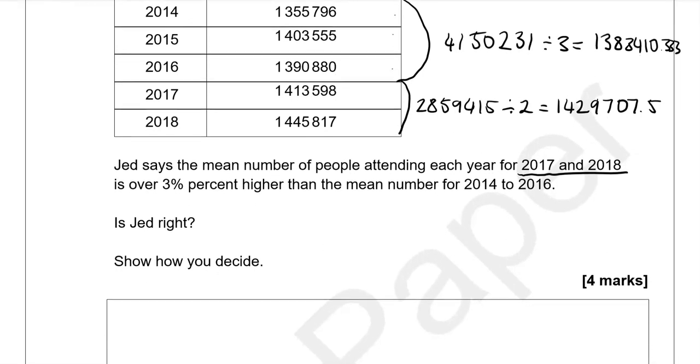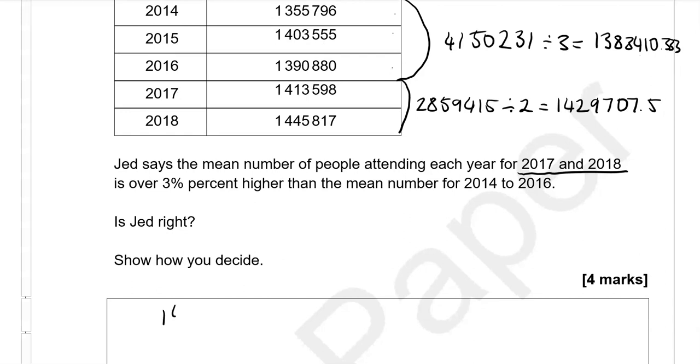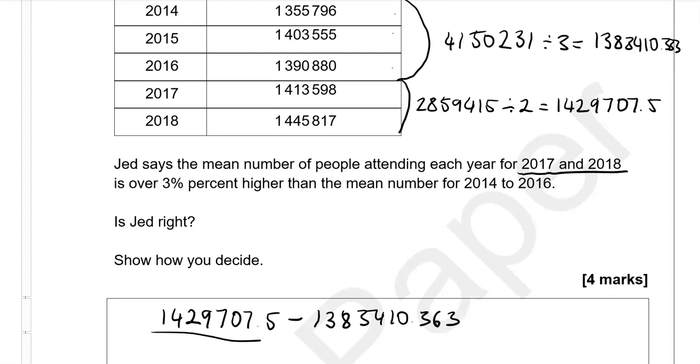So we'll go from the higher number, which is the last one, taking away the other number, and then we'll divide it by the original, which was 1383410.333.